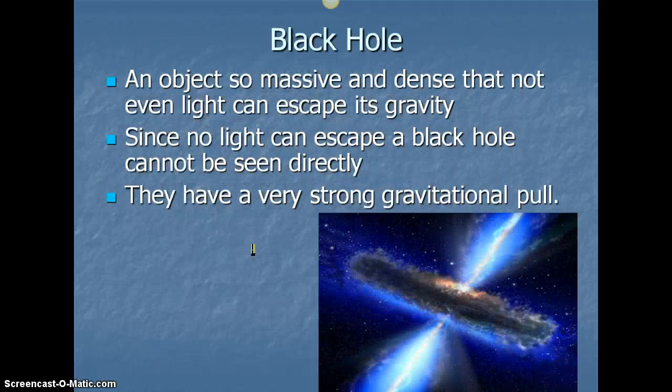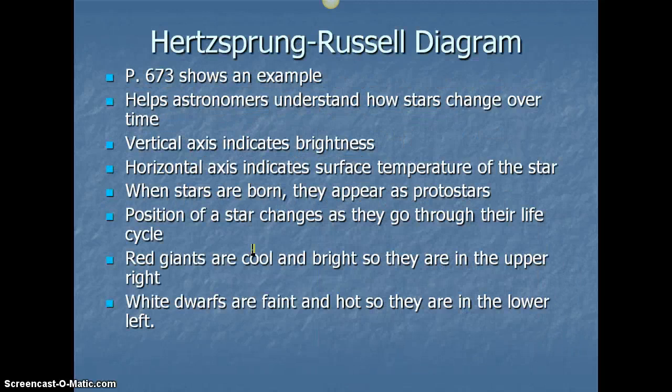A black hole is kind of an empty space where the gravity is so intense that even light can't escape. So we can't see these directly because there's no light coming from it, and they have a very strong gravitational pull.